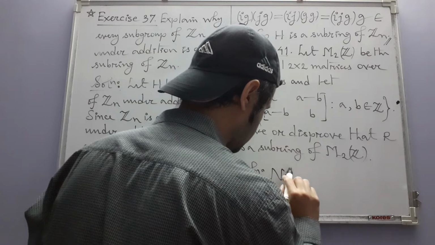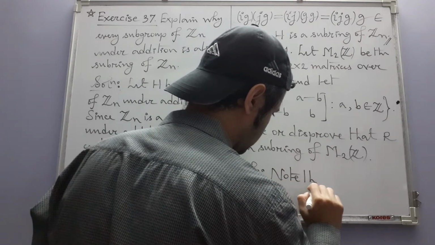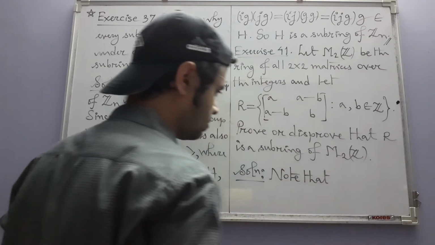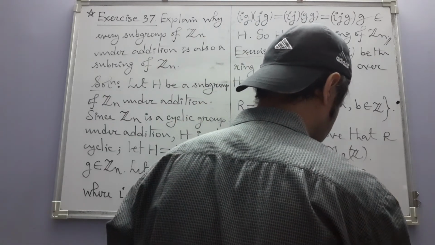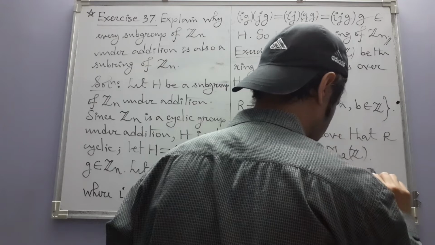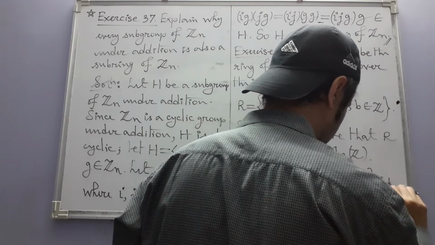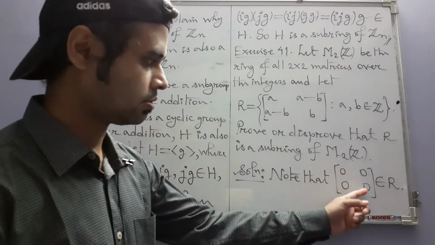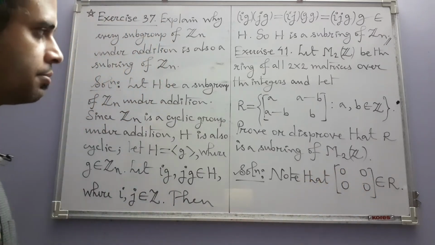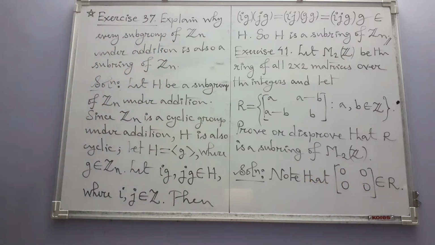Note that the 2 by 2 zero matrix belongs to R, because 0 minus 0 is also 0, and this 0 is integer 0.